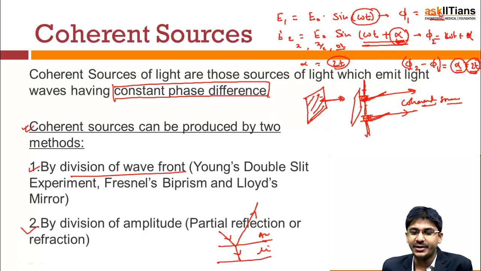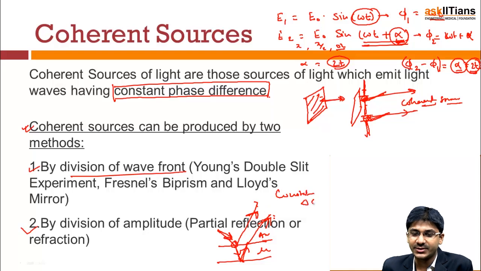Suppose you have another medium, you may have reflection happening here, and then again refraction happening here. So what is happening is that you have the same source. When it reflected, you got a ray, then it moved like this, and again it came out, you got another wave. So now here you have a constant phase difference.